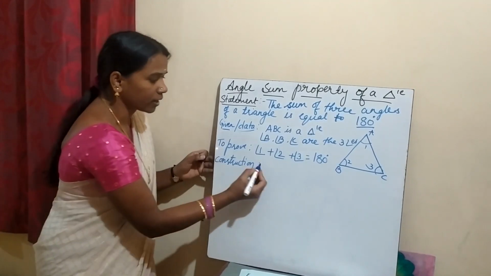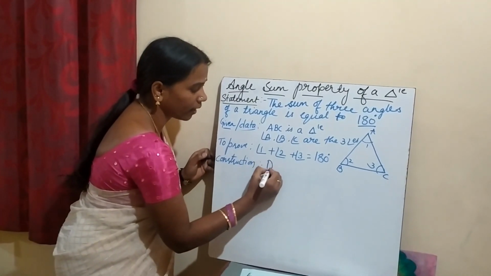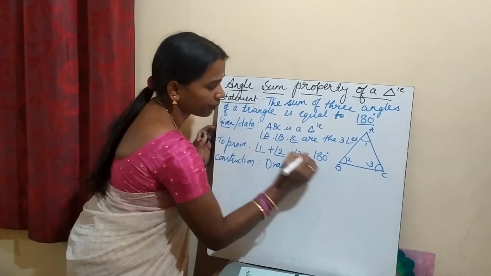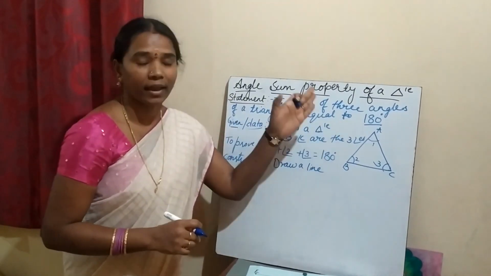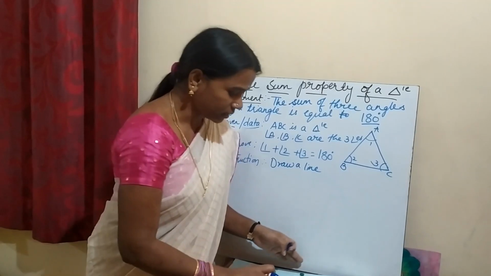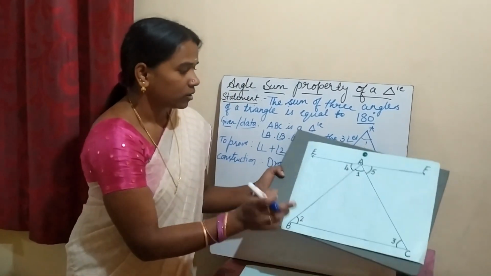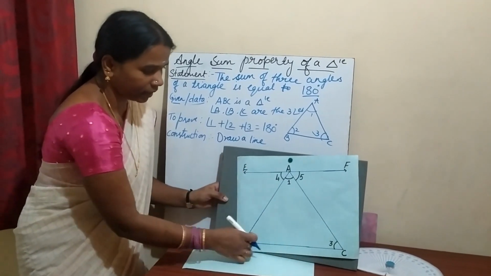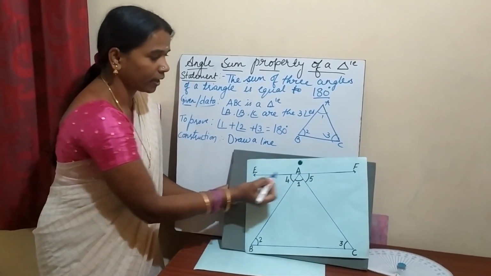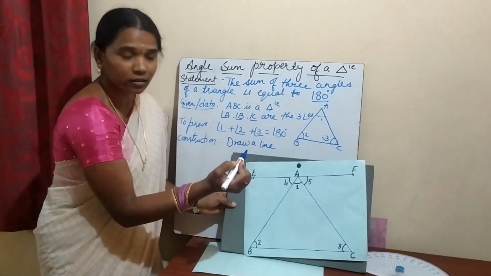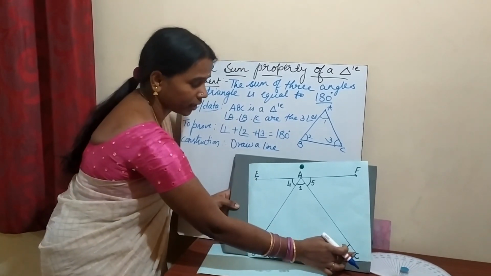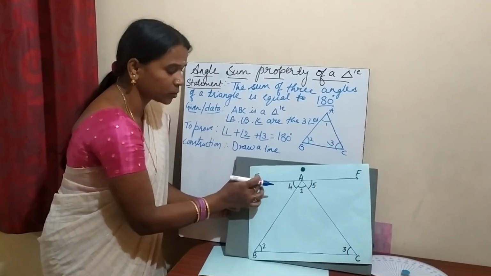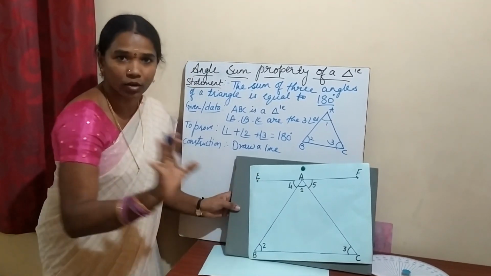Construction: we require a line. Draw a line. Where should we draw it? That is important. You can draw it at any vertex. Here you can observe the same triangle ABC, and EF is a line drawn parallel to BC at the vertex A. You can draw this parallel line at any vertex.